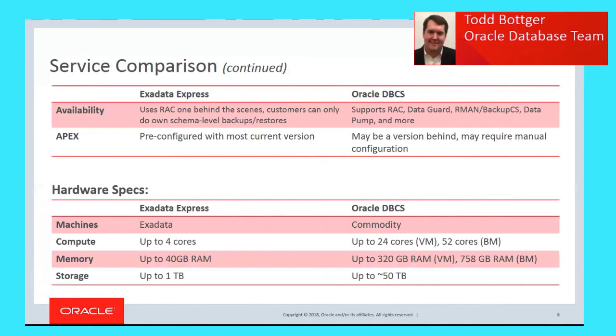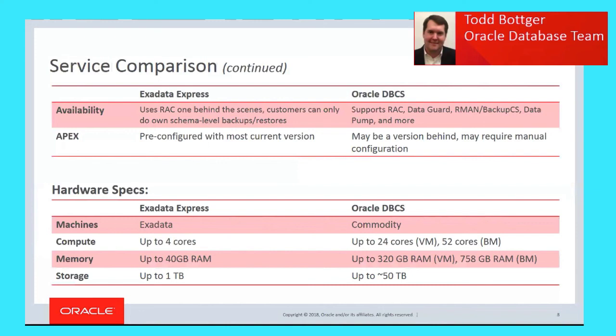Exadata Express, I mentioned, does have some ceilings. It stops at 4 Exadata cores. You can consume up to 40 gigs of memory, and you can consume up to 1 terabyte of raw storage. That's uncompressed, by the way. Exadata Express does include the compression options, advanced compression and Exadata hybrid columnar compression.